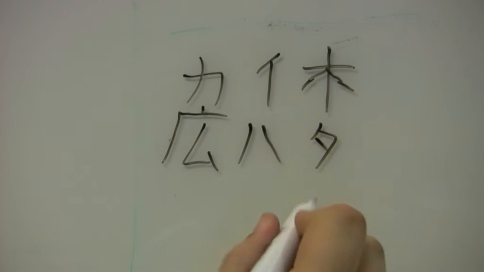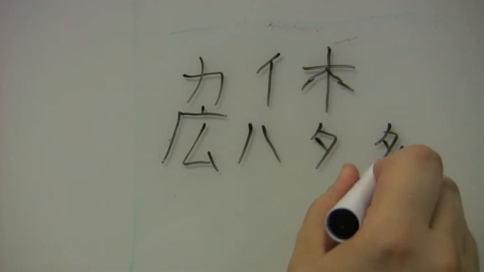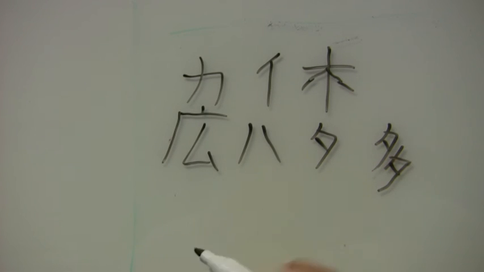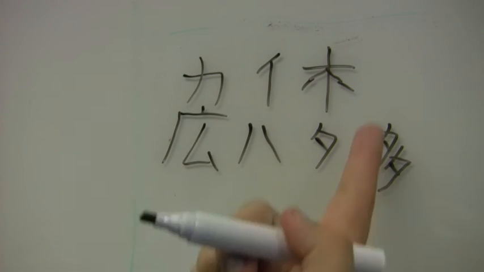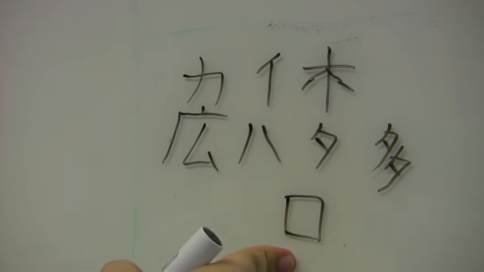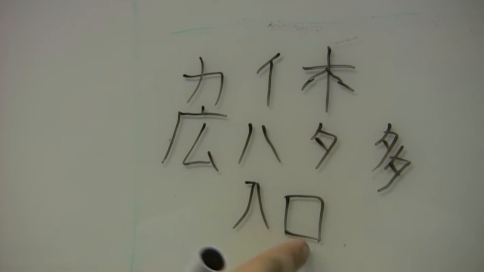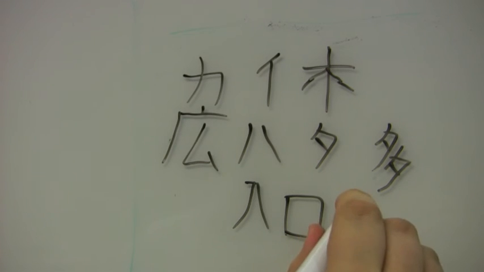Ha is just 8. Ta means evening, and 2 of them, that was wrong. 2 of them means many. So basically, yeah, 2 of them, many. 2 is more than 1. The first one I did, ro, is, like I said, mouth. Or it's also used in other senses like enter, opening. Iriguchi means entrance.